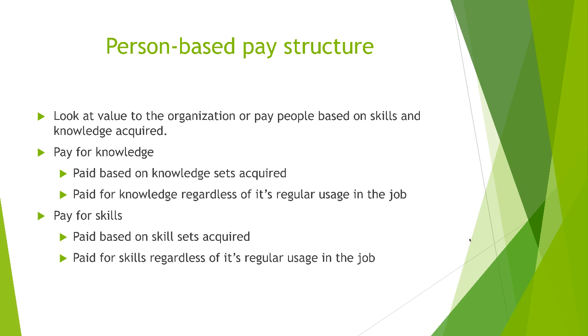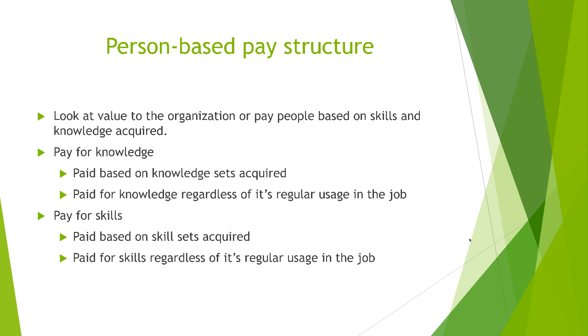Let's put it first in terms of an auto mechanic for a pay for skills example. The individual would earn the base pay for the job if they possessed the skills to do simple work on the engine, change oil, change belts, etc. They would earn more pay if they possessed an established set of skills to work on the transmission. They would earn more pay if they possessed the skill to do body work.